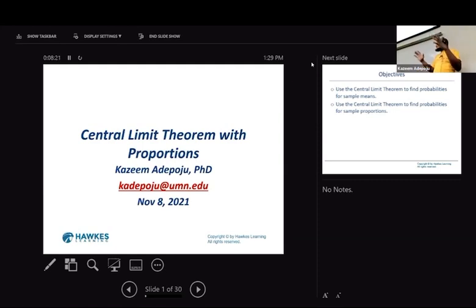Now, the implication of the central limit theorem in the statistics discipline as a whole and in research in general is that it enables us to use statistical or probabilistic methods applied to the normal distribution on other forms of distributions. Let me tell you this. In statistics generally, all statistical methods can be classified into two.